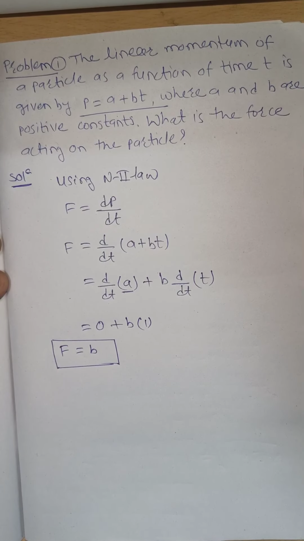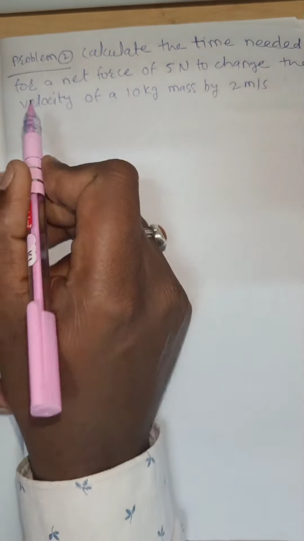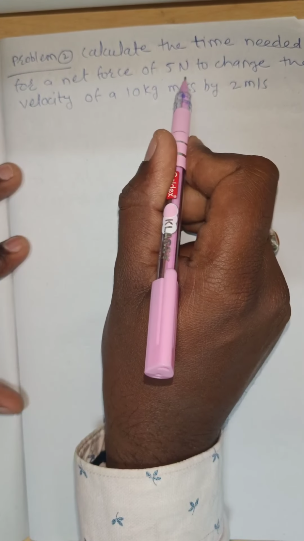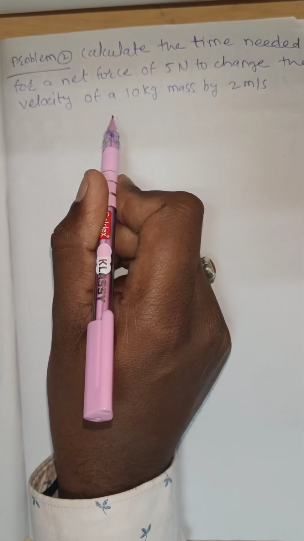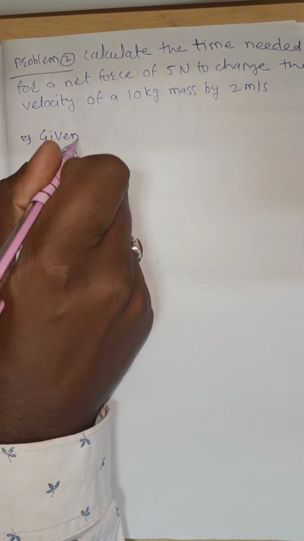Now we have to see problem number 2. Calculate the time needed for a net force of 5 newton to change the velocity of a 10 kg mass by 2 meter per second. First write down what is given.